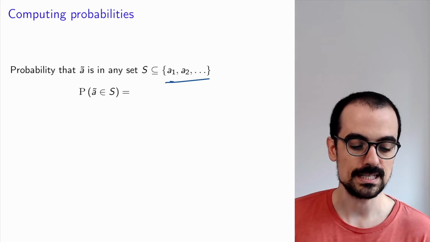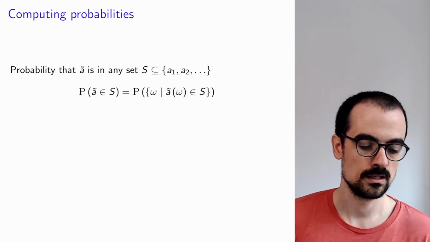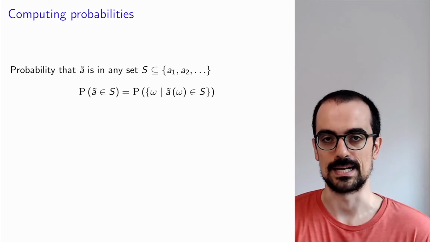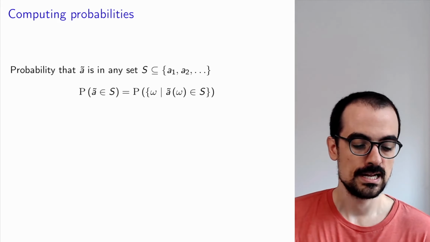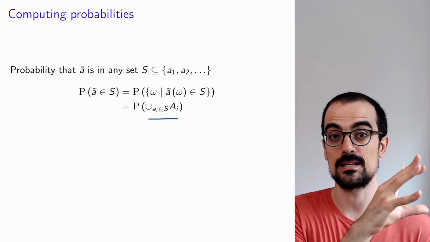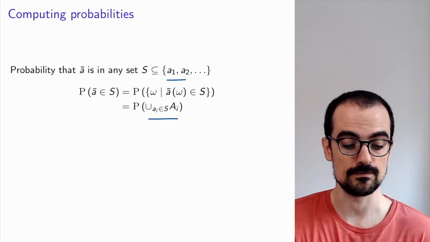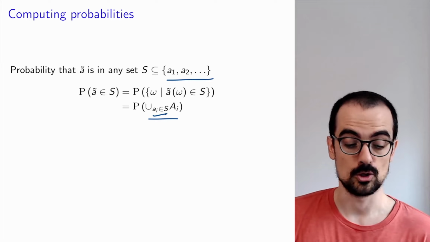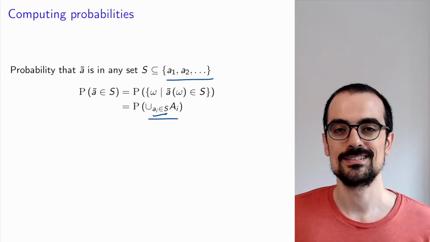Let's write this mathematically. We want the probability that A is in this subset S. This subset S is just all the outcomes that are mapping to S. In my example, all the outcomes that are mapping to A2 or A3. Now we can always express that as a union of these preimages of each of the values in the range of the random variable that are in S. Those are the outcomes that are eventually going to map to S. Now we're in luck.